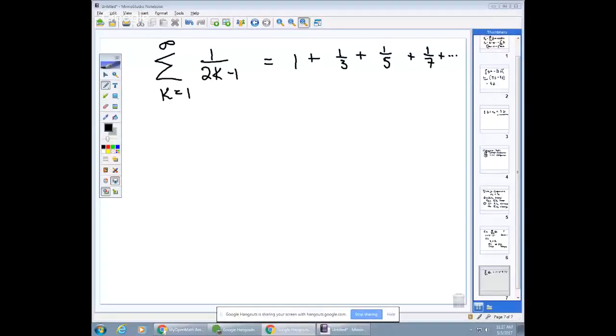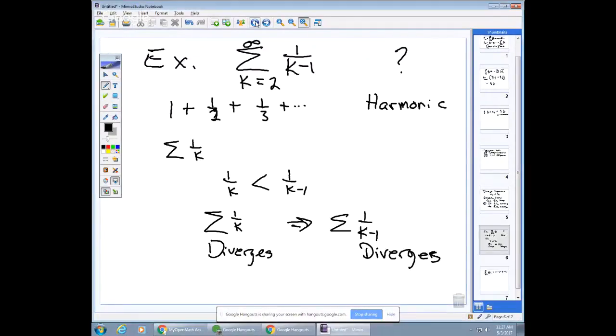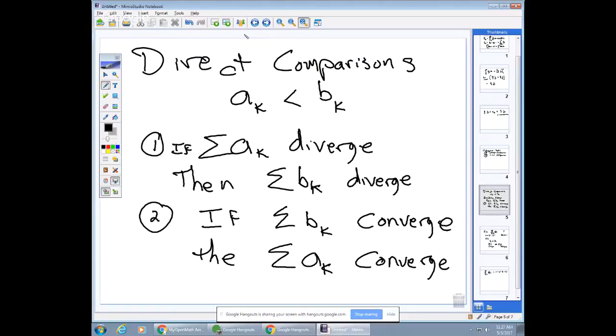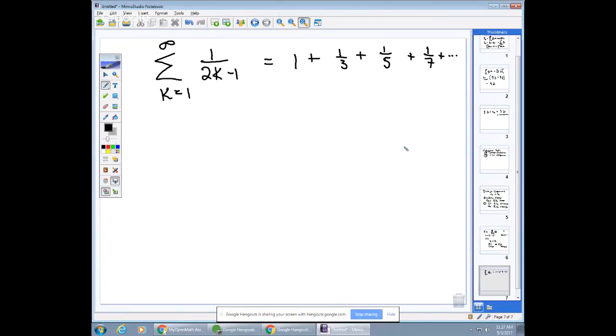Okay, so we're looking at the comparison theorem, and we're going to do the direct comparison first. So here is our theorem for direct comparisons, and we are going to see how that applies to this right here. So I'm thinking, well, this reminds me of the sum as k goes from 1 to infinity of 1 over k.